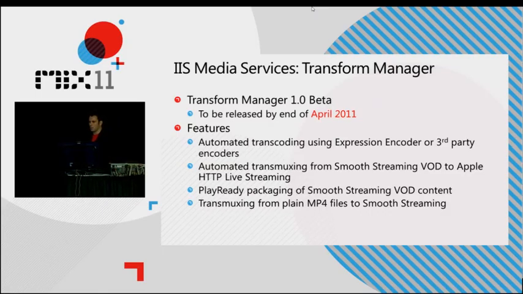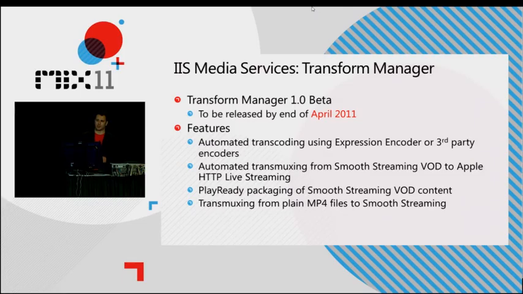And what it is, it's a way of automating the process of transcoding, transmuxing, and packaging, so that you can run it on a server and set up basically watch folders where you deliver maybe some sources in one format to that watch folder, and it automatically goes and either gets transcoded or transmuxed or packaged or whatever you need.